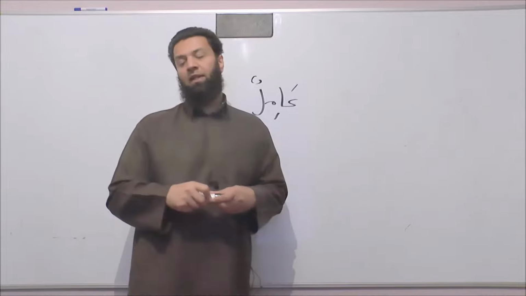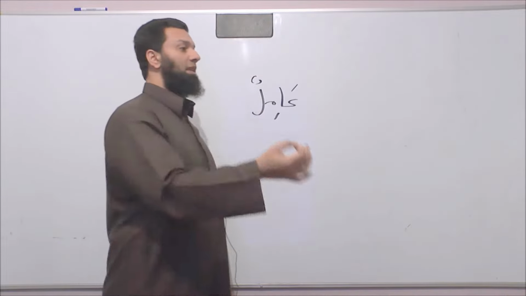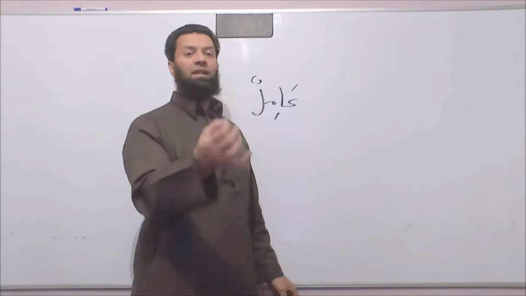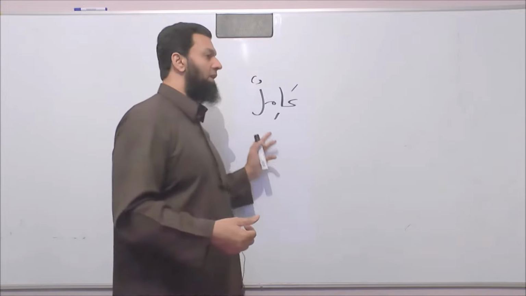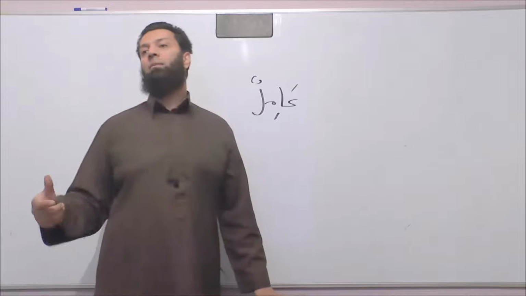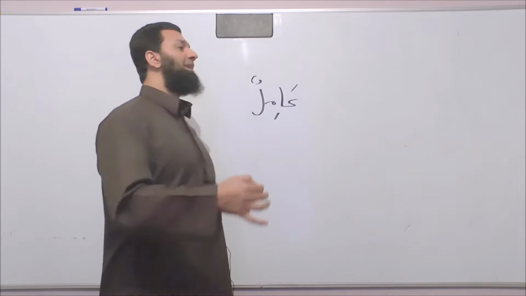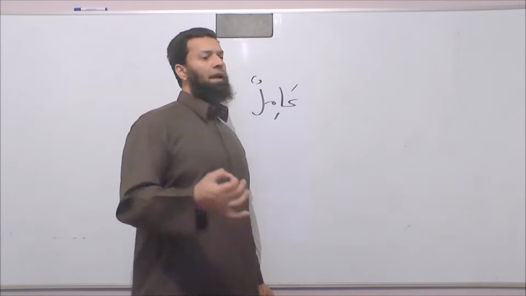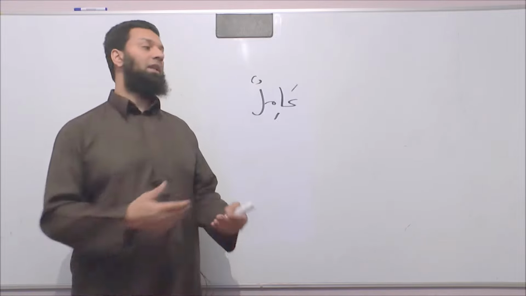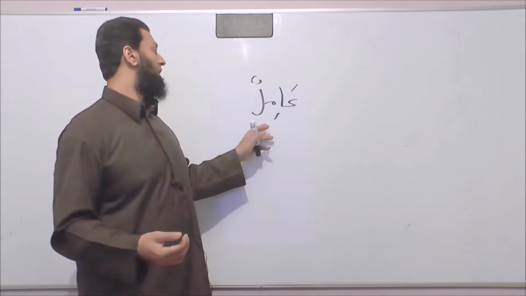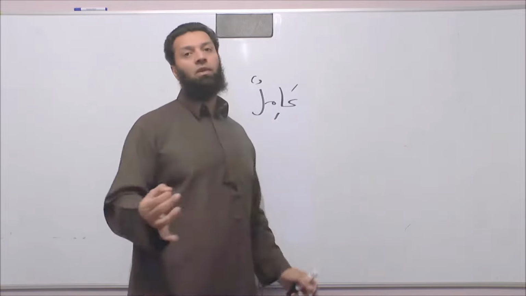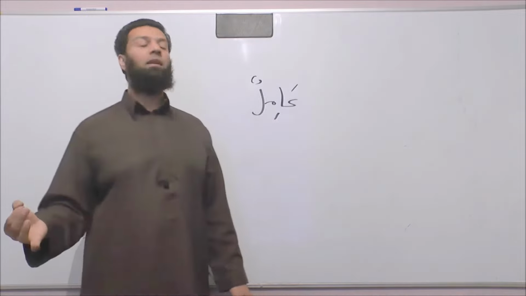So if we have an ismun such as kitabun that is affected by fi'lun, which is our amilun, then it will become mansubun, it will become kitaban. And if our ismun kitabun is affected by a harfu jarrin, which in this instance is our amilun, it will become kitabin.